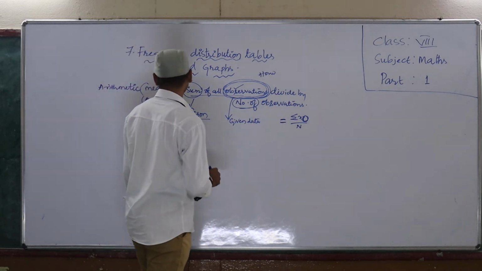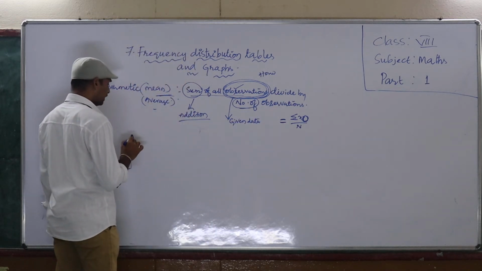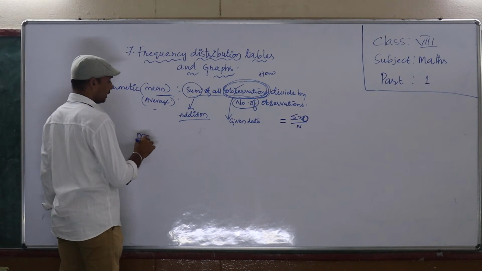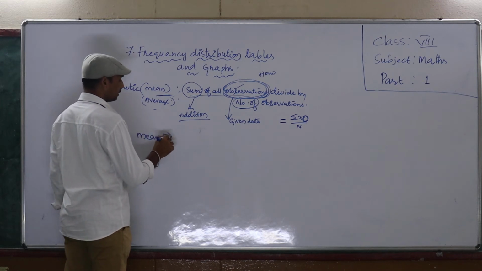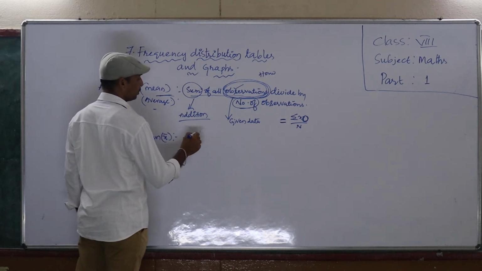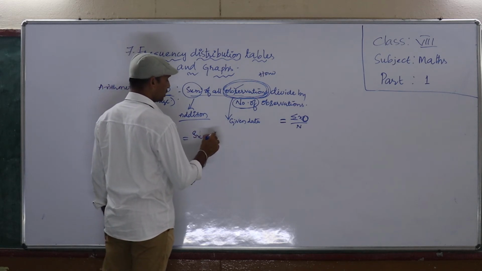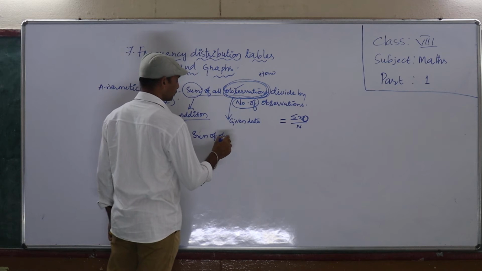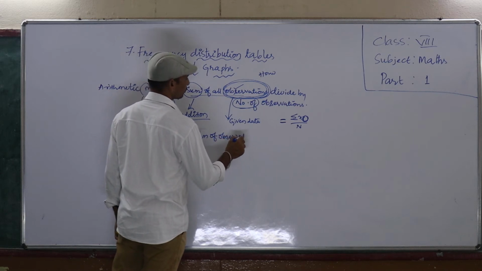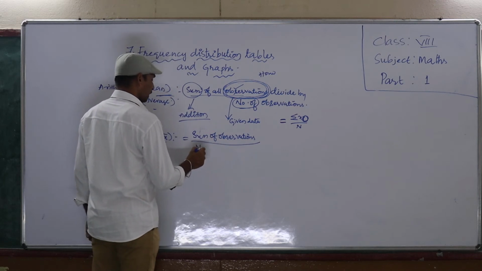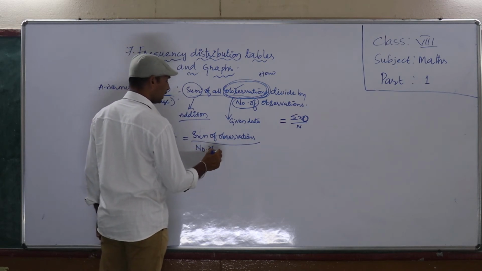Mean is denoted by x bar. The formula is mean equals sum of observations by number of observations.